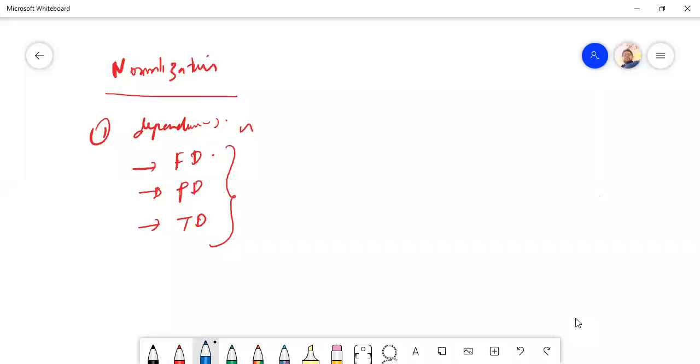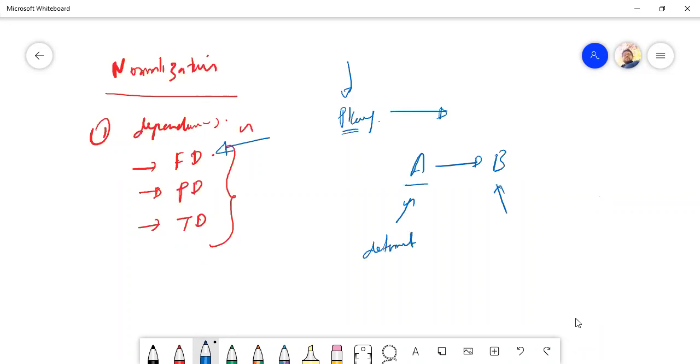Functional dependency: simply, we can say something is functionally depending on a particular candidate key, especially a prime key. For example, B is functionally depending on A; we use the word determinant for A and dependent for B. We have learned this part.